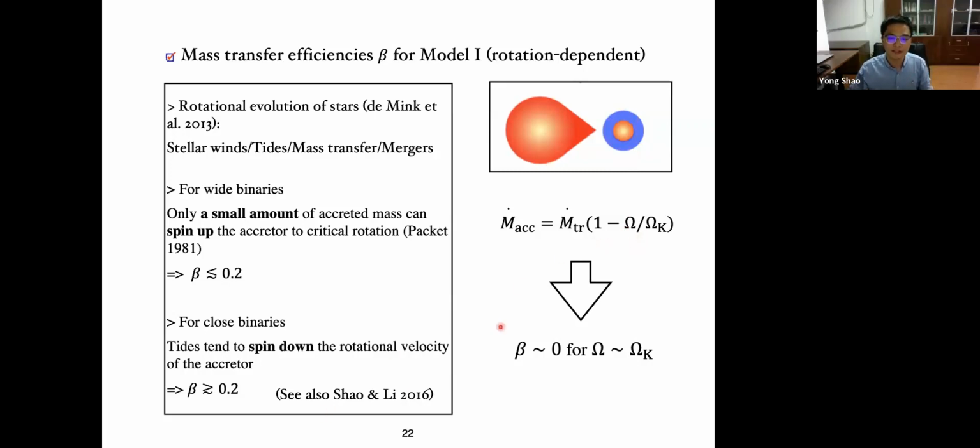So in this case, the mass transfer efficiency is always larger than about 20%. And in the extreme case, for very close binaries, the mass transfer efficiency may be up to 100%. So for model 1, the mass transfer efficiency is not a fixed value. It's dependent on the rotation of the accretor.